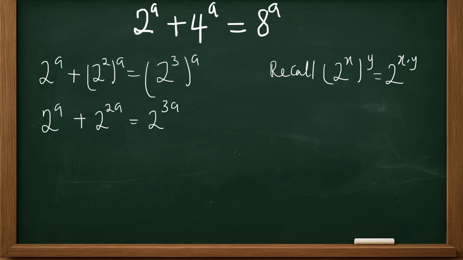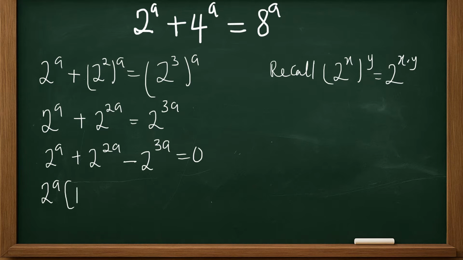Now we can write this as 2 to the power of a plus 2 to the power of 2a minus 2 to the power of 3a equals 0. Now let's factor out 2 to the power of a. So in the parentheses here we have 1 plus 2 to the power of a minus 2 to the power of 2a equals 0.